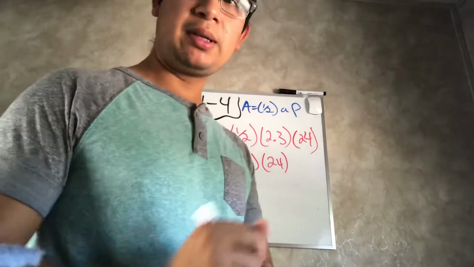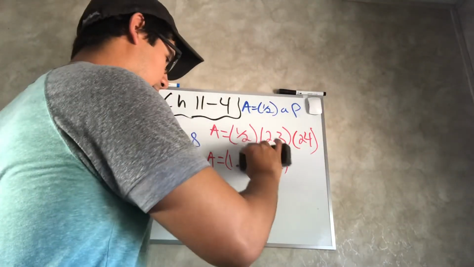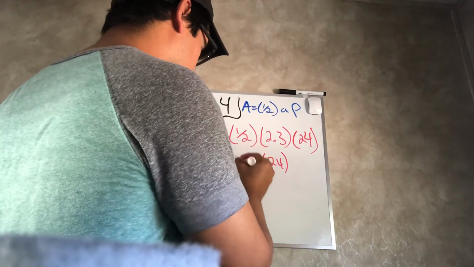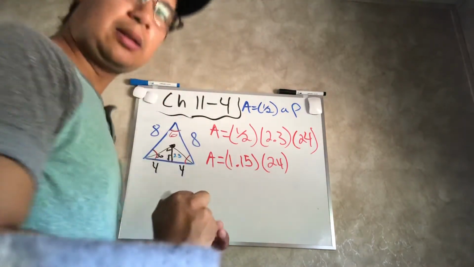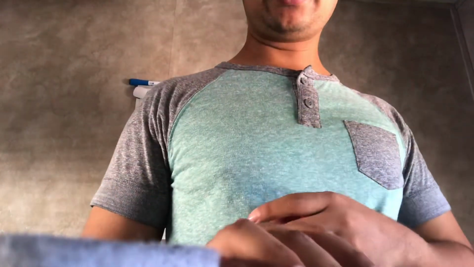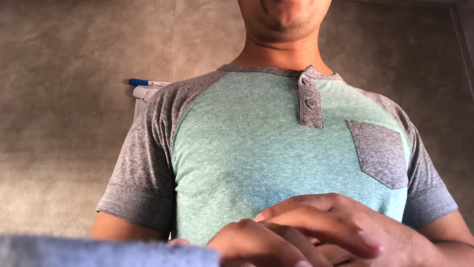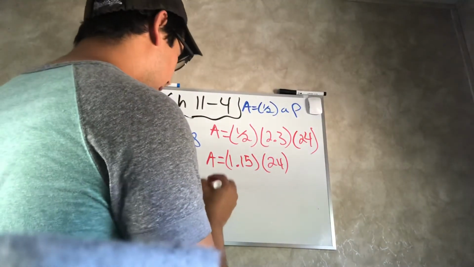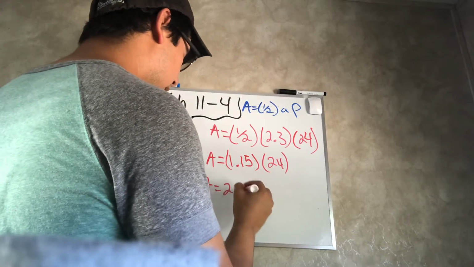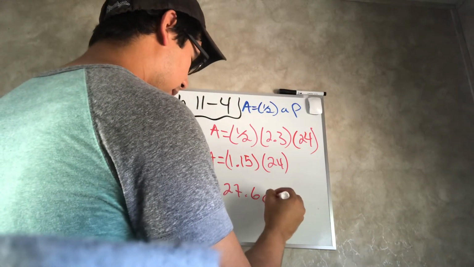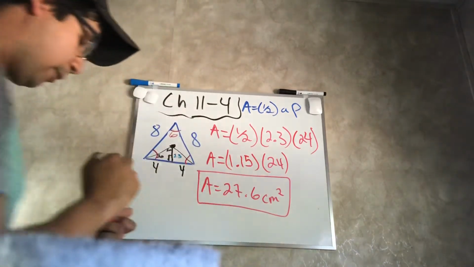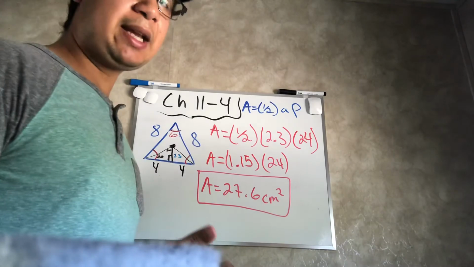So 1.15 times 24 gives me a total of 27.6. So my area equals 27.6 centimeters squared.